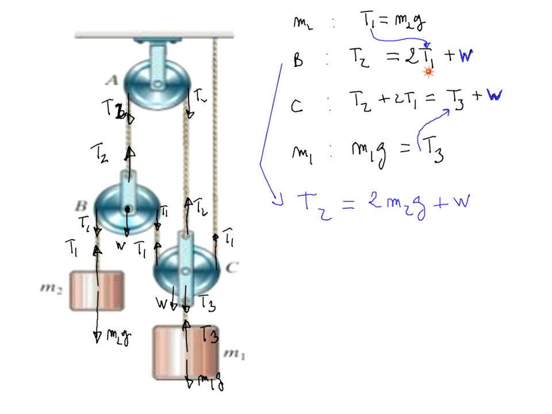T2 is equal to 2T1 plus W. Why do you want G? Oh, my bad. Yes, this W is mass of the pulley times G. Thank you, that W that I wrote is defined as mass of the pulley times G. So either or.